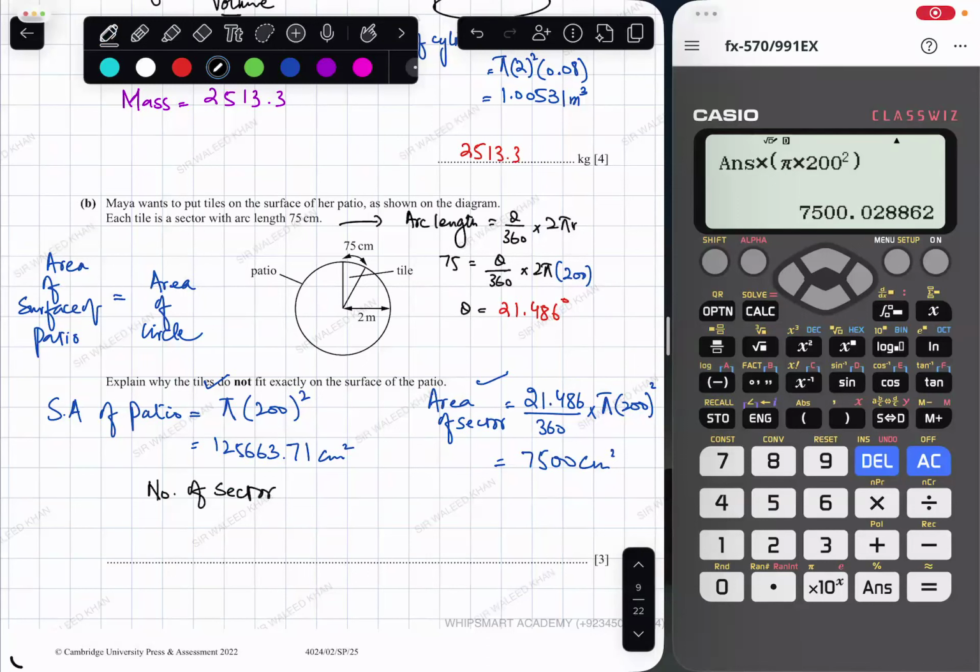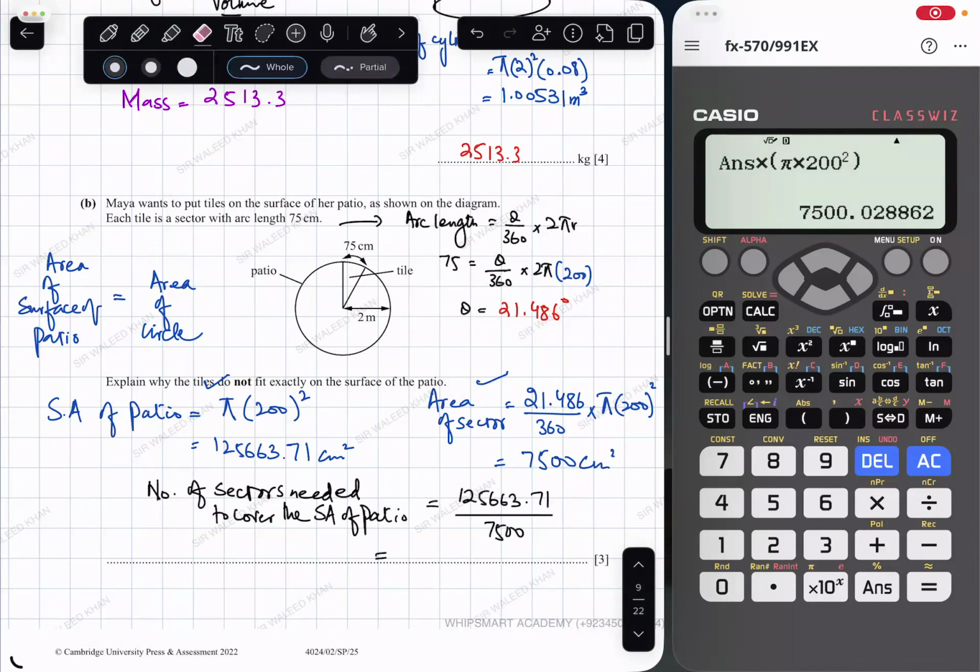So the number of sectors needed to cover the surface area, writing the whole statement so that you understand, will be 125663.71 divided by 7500. And we can figure out if it's fitting completely or not.